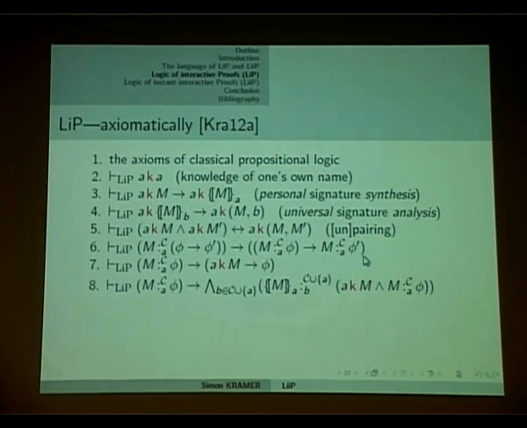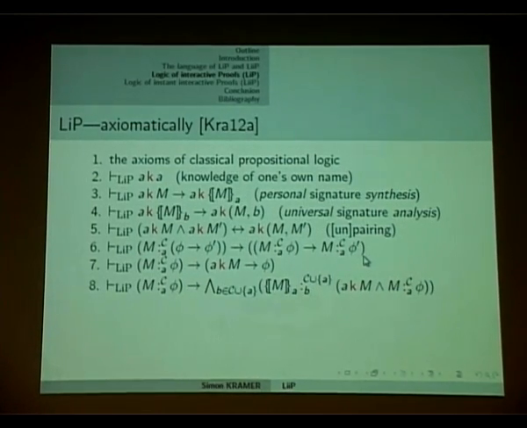And this is why this is interactive. Or this is sort of community-based, right? If M can prove phi to agent A, then if A signs M, this is a proof to any agent B in the community, including A, that A knows M and that M can prove phi to A. Then you have this one.